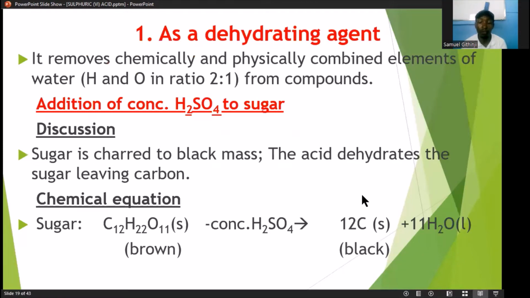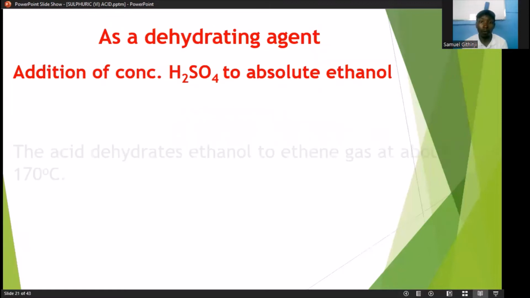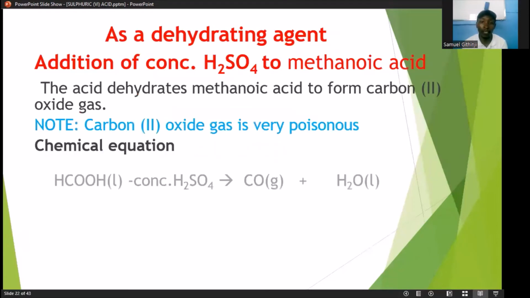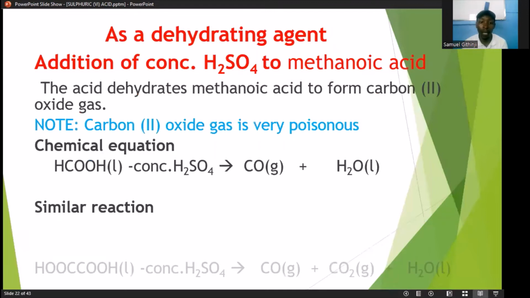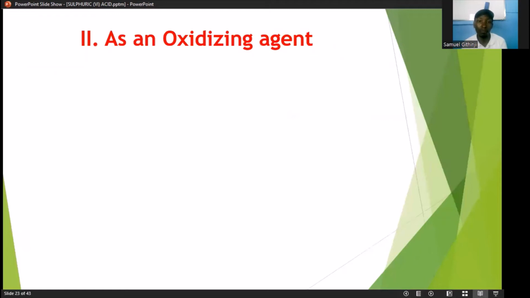The carbon particles here can fume and be suspended in the air, and if you inhale them, they can get into the lungs and block the alveoli, or rather interfere with the breathing system. Otherwise, we proceed. We were talking about the dehydration process, how sulfuric acid dehydrates, and we are done with that.